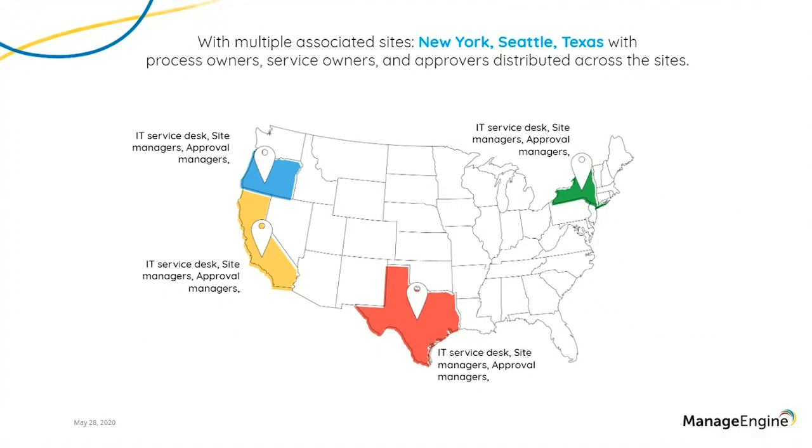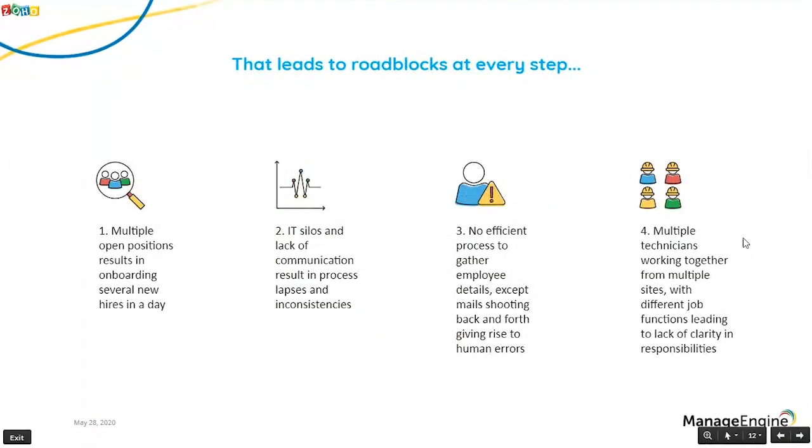So in this case, there would be several IT service technicians or several process owners or service owners or even approvers distributed across various sites, right? And that would lead to roadblocks at each and every single step of the new hiring process.